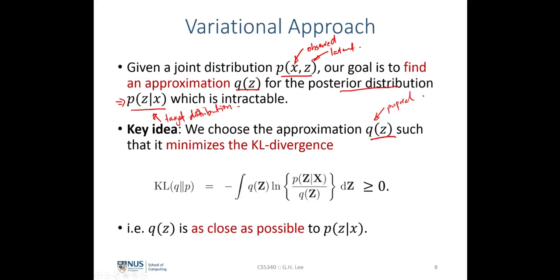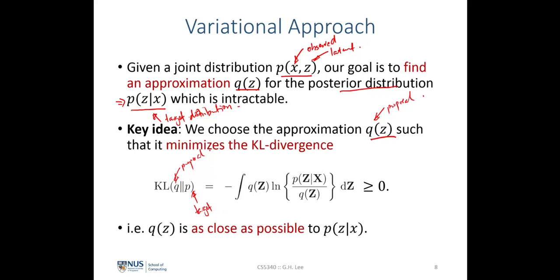Hence, this is equivalent to saying that we want to minimize the KL divergence between the proposal and the target distribution, which we simply write as the KL divergence between Q and P, where Q here is our proposal distribution and P here is simply our target distribution.